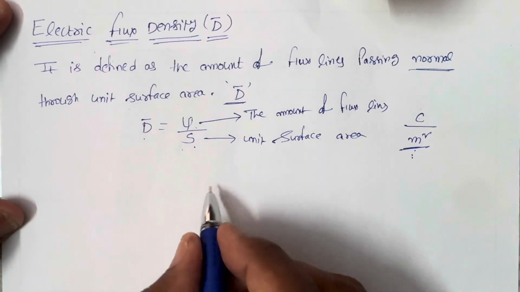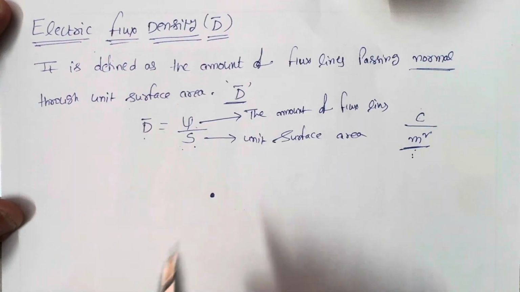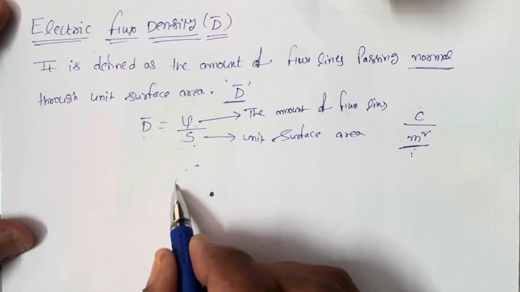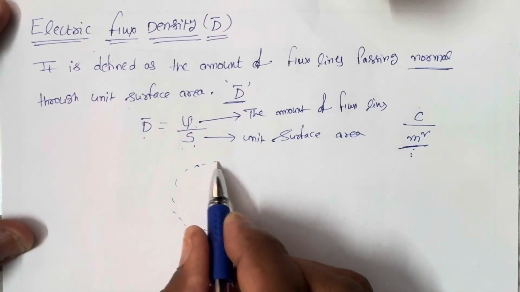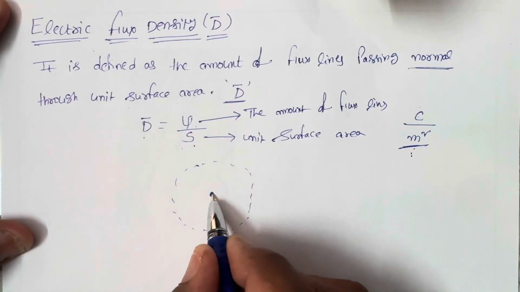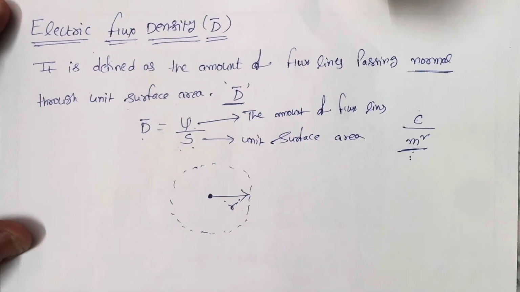For example, this is a charged particle. This charged particle creates a field around it like this, with a radius of r. R is the radius.